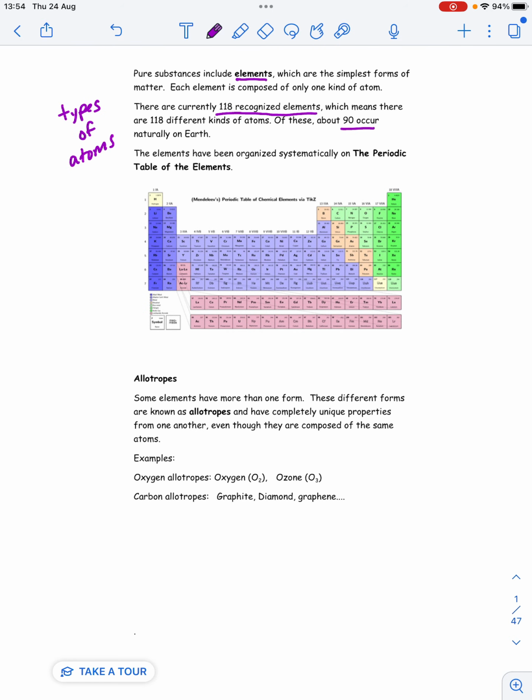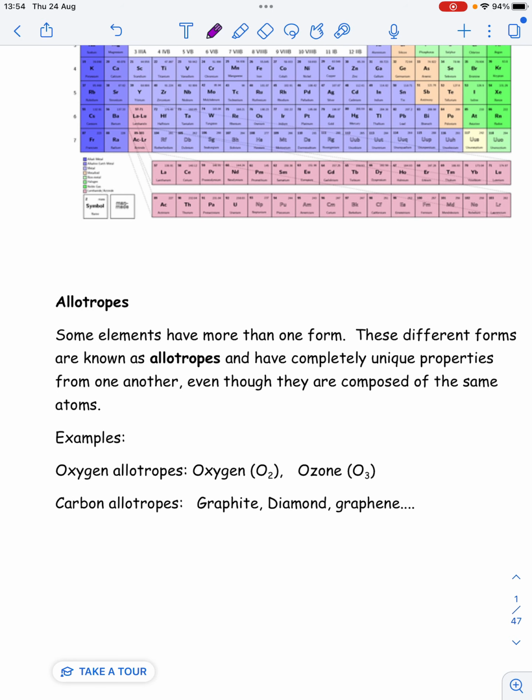Now, just to point it out here, not really so essential right now, we'll come back to this, but to let you know that actually there are things called allotropes. It's a little confusing, but an allotrope means a different form of an element. And so some elements actually exist in multiple different forms. So oxygen, for example, there are two main ways that you find oxygen by itself on our planet or just in the universe.